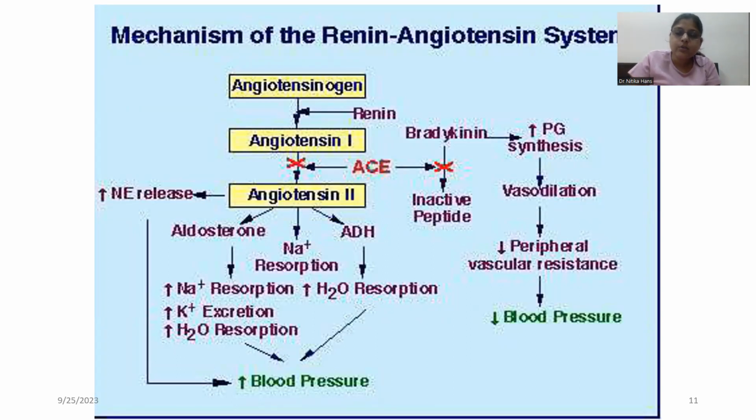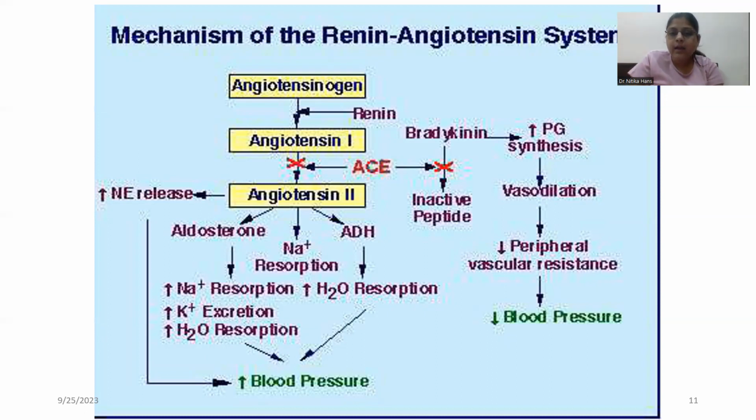Angiotensinogen gets converted to angiotensin 1 by renin, and angiotensin 1 is converted to angiotensin 2 by angiotensin converting enzyme. So when angiotensin converting enzyme is inhibited, there will be decreased release of aldosterone, decreased sodium reabsorption, decreased ADH release. So this will all lead to increased excretion of sodium and potassium from the body, and that will lead to decreased blood pressure.